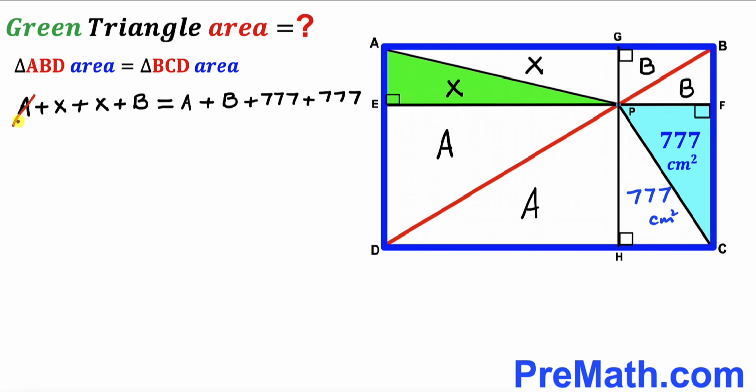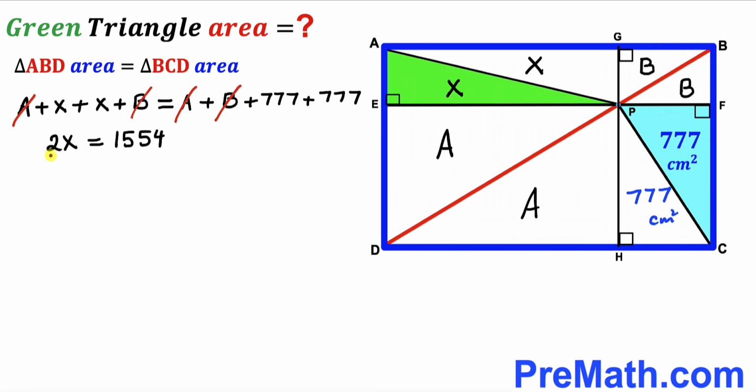Now let's make an observation. Uppercase A and uppercase A are gone. Likewise, uppercase B and uppercase B are gone as well. Now we combine these like terms, and we end up with 2X equal to 1554.